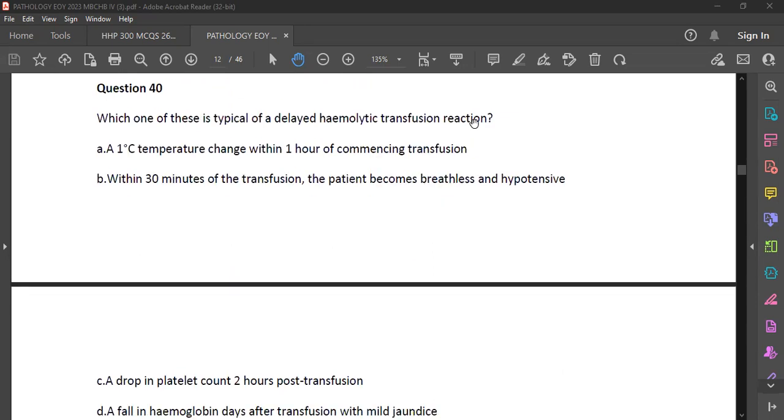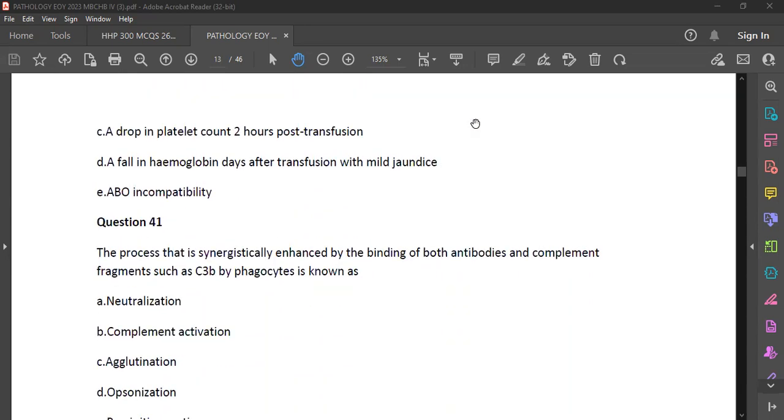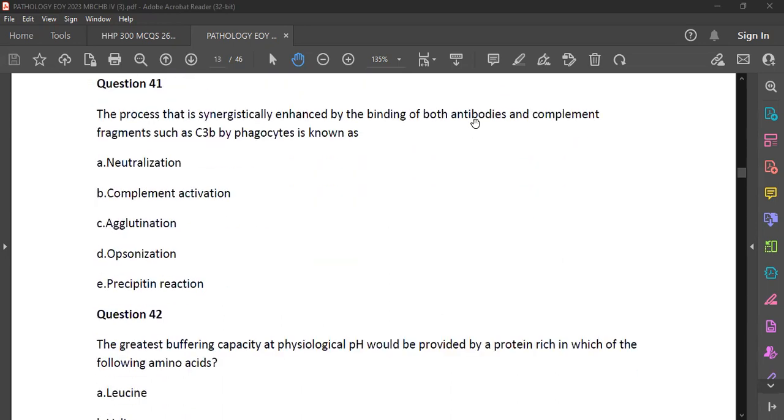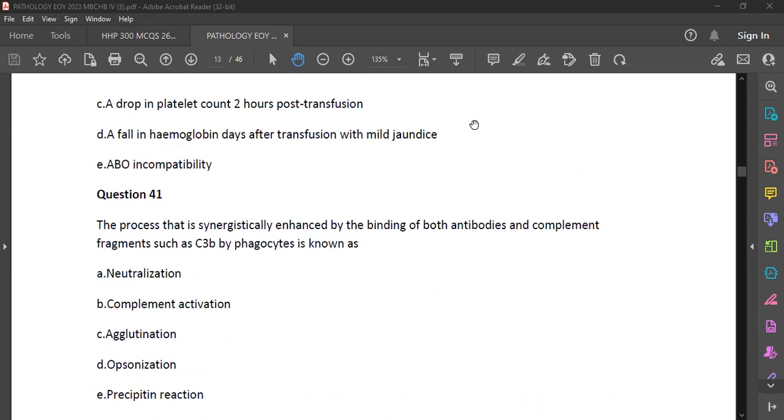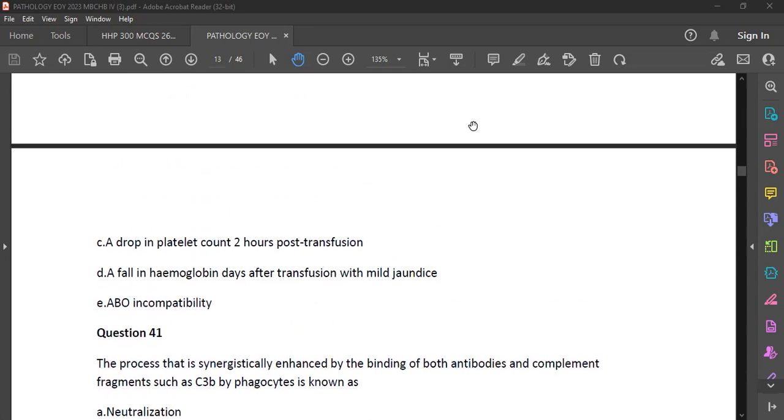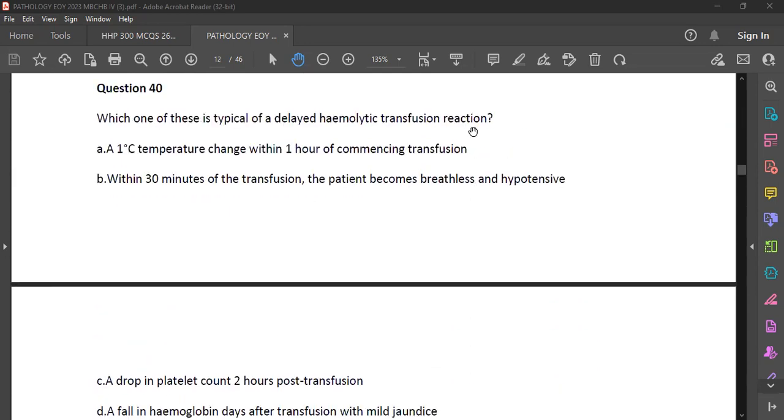Right. I think question 40, we had already done it, about the concept of delayed hemolytic transfusion reactions, and how you're going to have that. The concept was to be able to have the reaction taking place within a period of time and not immediately. So the rest of the questions have almost immediate answers.